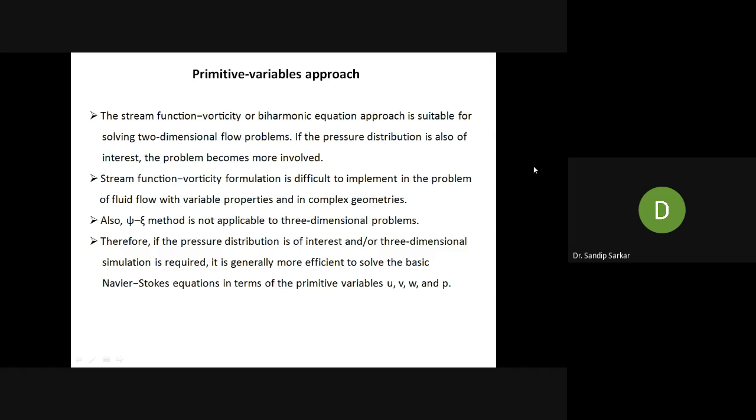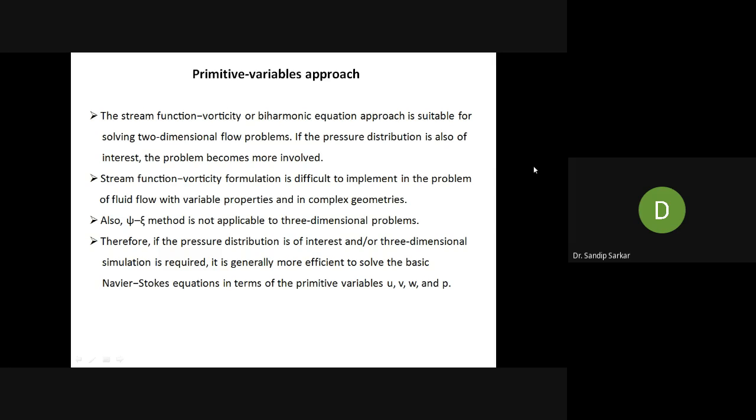Now, apart from this historical perspective, why should we require this primitive variable approach? If you remember, one can also solve fluid flow problems by the stream function vorticity method, which we learned in the last to last class. With the stream function vorticity method, one can solve a class of fluid flow problems.